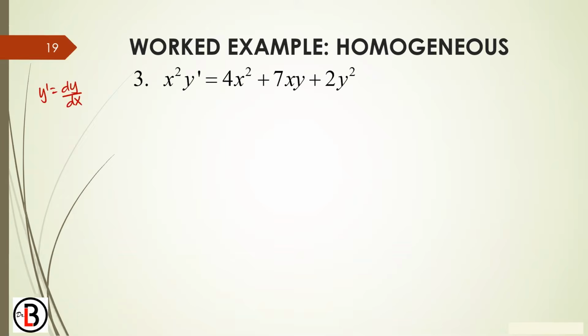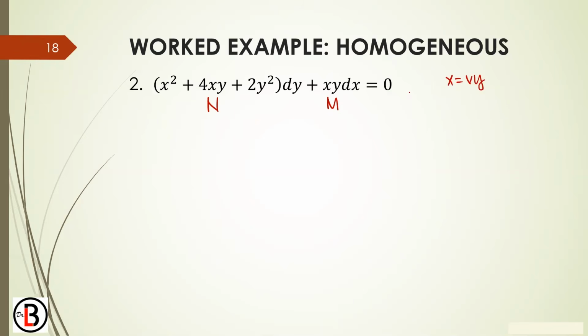So, nasa left si n, which is simpler. Therefore, y equals vx. Very good. So, pag y equals vx, you know what follows? v dx plus x dv po. Sa taas naman, dx is v dy plus y dv.